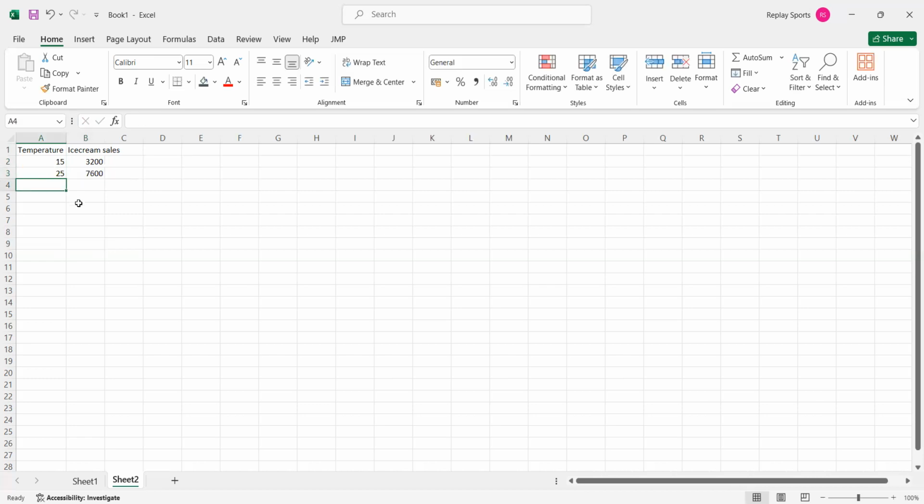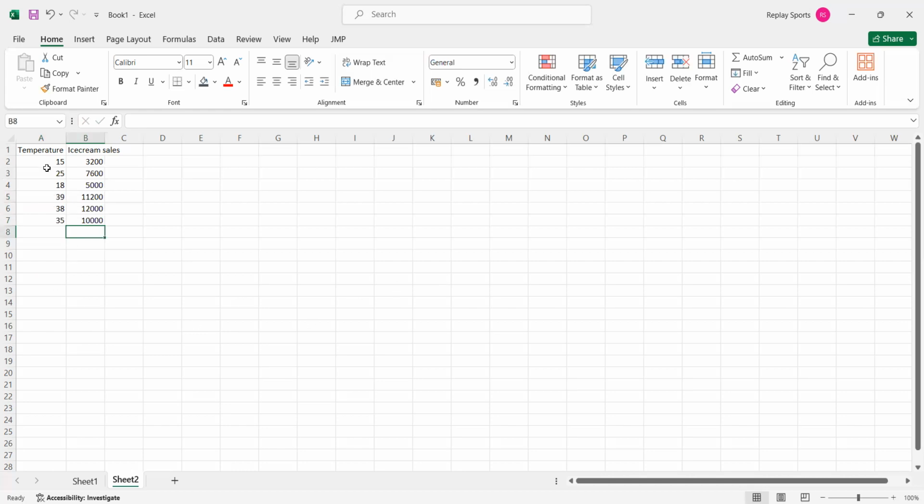Then temperature was, let's say, 18 degrees, sales for the day was 5,000. It went to 39 degrees, sales went to 11,200. It went to 38 degrees, sales went to, let's say, 12,000. Then it went to 35 degrees, it was like 10,000.